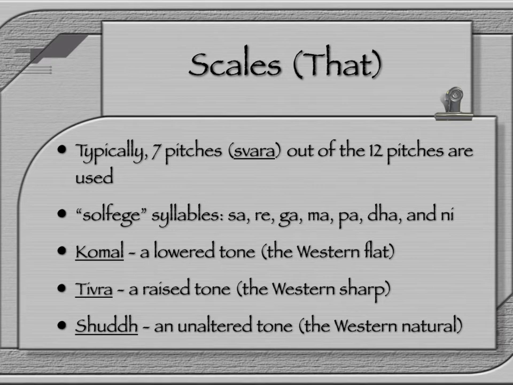The Indian word for a heptatonic, or what we know as a 7-tone scale, is called a tat. It looks like the word that, but they pronounce it tat. Svara means pitch. So typically we have 7 pitches out of the entire 12 that are used. That's very similar to our Western system.